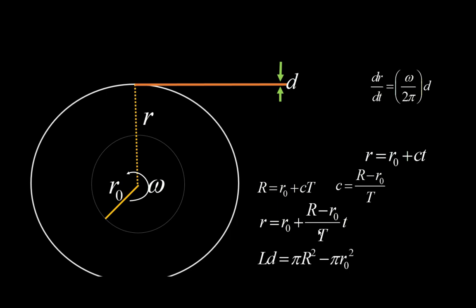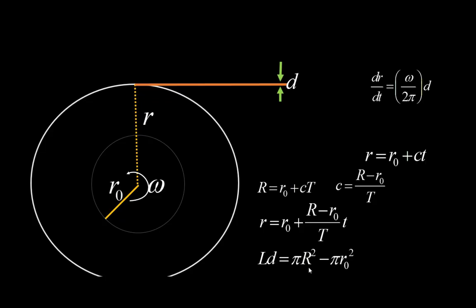Now, L into d, this is the area. L is length, d is the width of tape. So this is the area of tape which is wrapped when total L length is wrapped. So this area will increase the radius when it is wrapped. It will increase the radius from R0 to capital R. So this will increase the area from pi R0 square to pi R square.